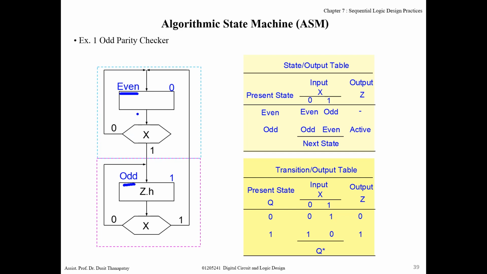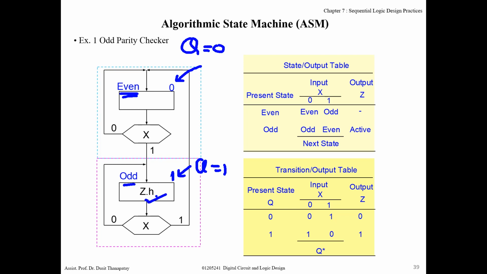Because there are two states, we can use only one bit, right? State variable, maybe Q. If Q is 0, it shows that it's state even. If Q is 1, the state is odd. For state even, output Z is 0. You can write nothing. And at state odd, output Z is 1.